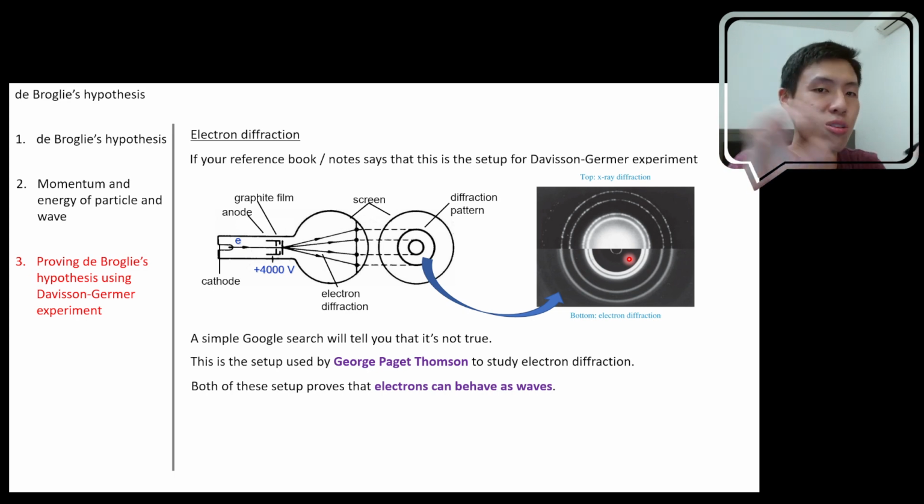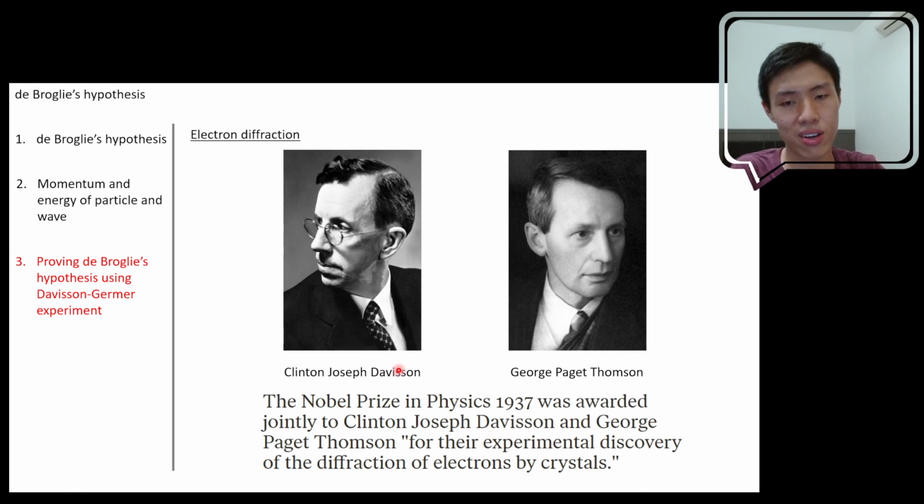Because they managed to prove the same thing, and this thing is so important, Davisson and Thomson, without Germer, got the Nobel Prize. Davisson managed to get the Nobel Prize, Thomson managed to get the Nobel Prize, but not Germer. I'm not sure why; I didn't study into that detail.